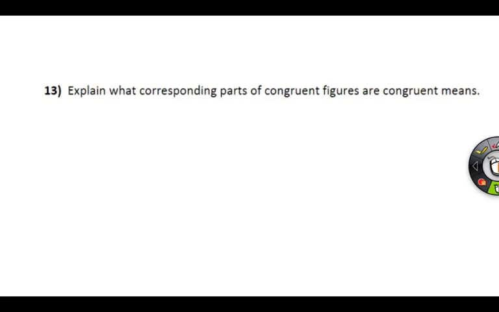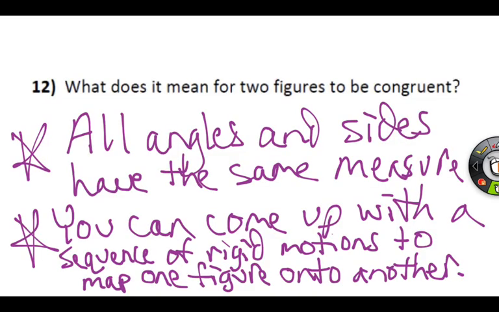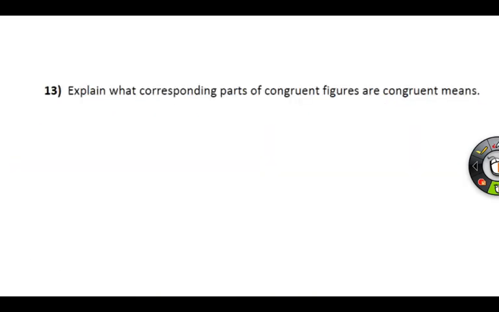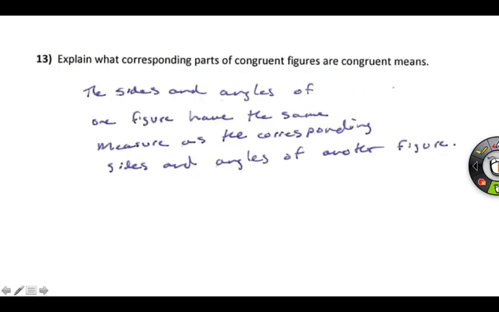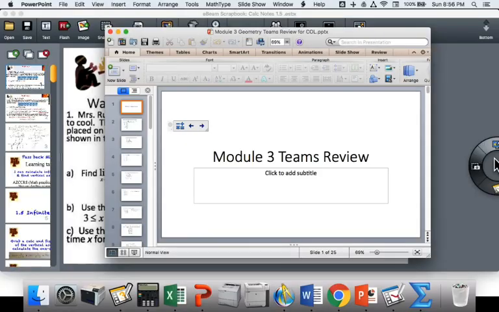So I'm going to say that the sides and angles of one figure have the same measure as the corresponding sides and angles of another figure.